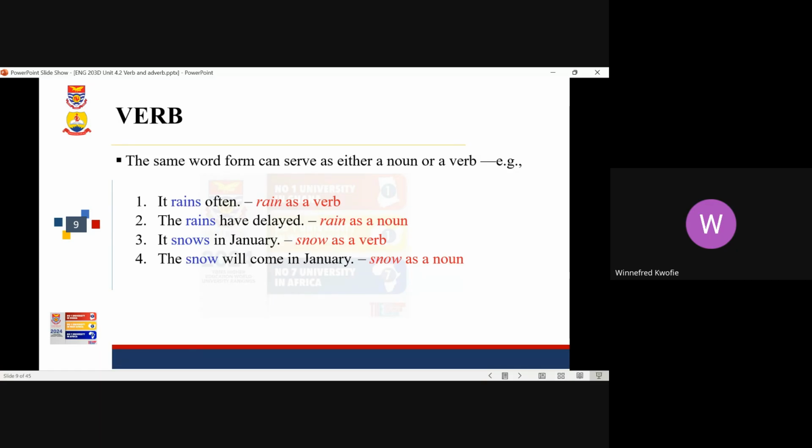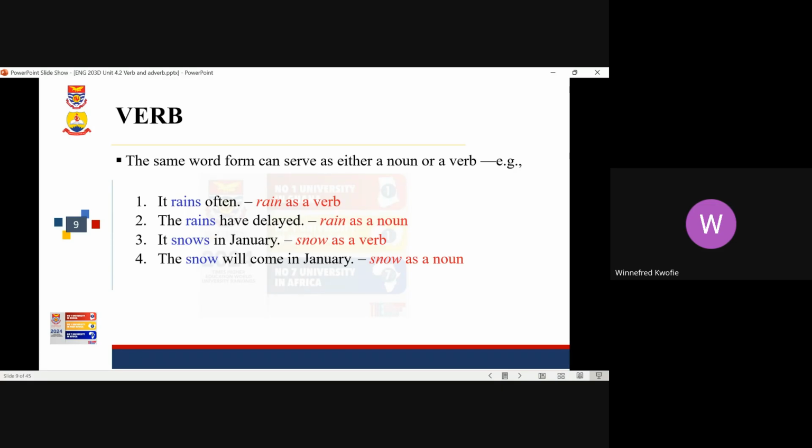When we were looking at adjectives and adverbs, we said that the same form can be an adjective and the same form can be an adverb.